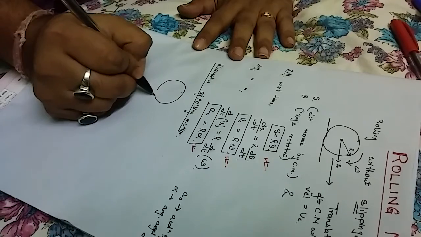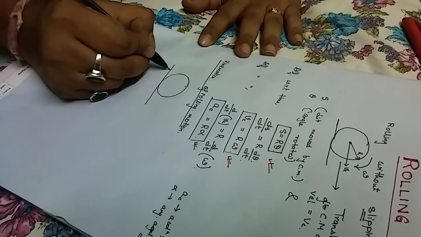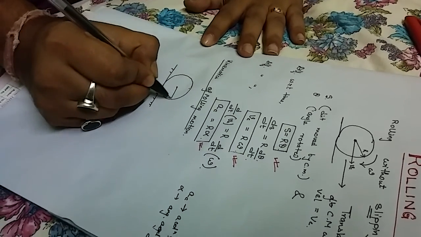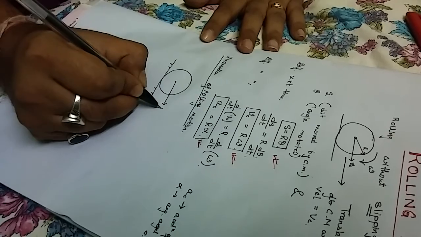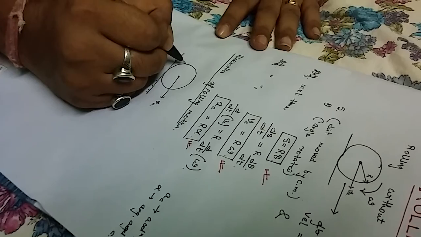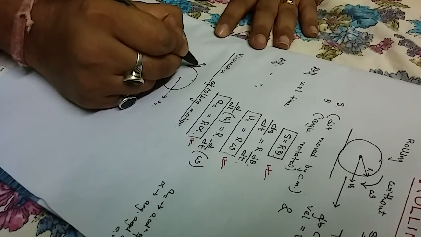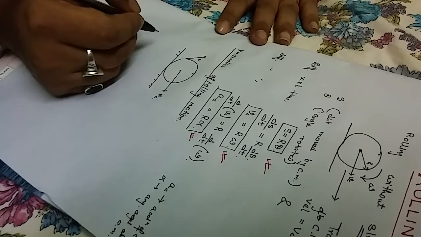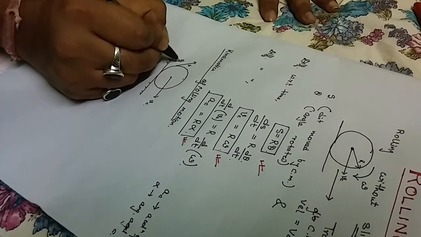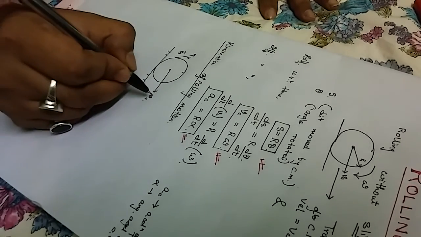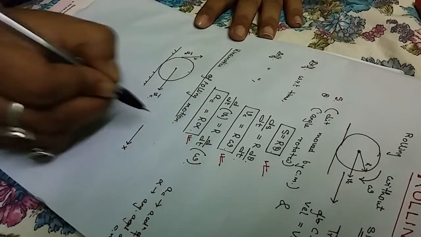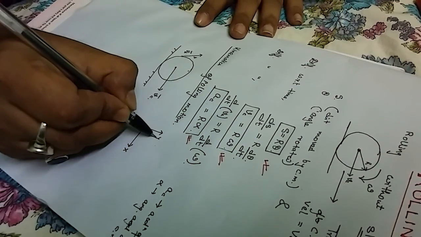Suppose this is the sphere. It is rolling without slipping on a ground where there is enough friction to prevent it from slipping. It is moving with velocity vc of the center of mass. Suppose we have to find the velocity of any point A on the periphery. Let the velocity we have to determine be the vector VA. VC is in the x direction as shown, and this is the y direction.